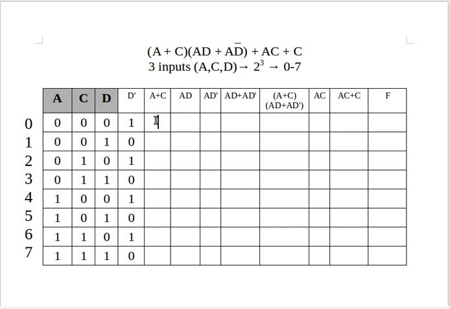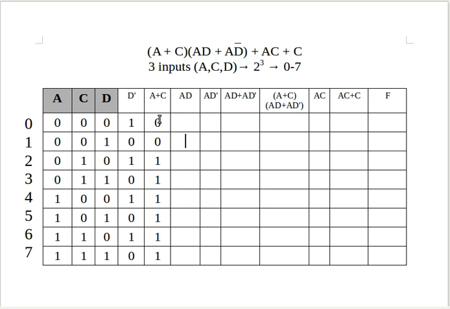Now A or C. I'm going to take this ORed with this. So it's going to give me what? 0 or 0 is 0. 0 or 0, 0. 0 or 1, 1. 0 or 1, 1, 1 or 0, 1, 1 or 0, 1, 1 or 1, 1, and 1 or 1, 1.